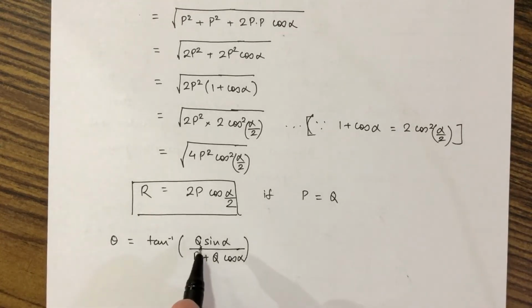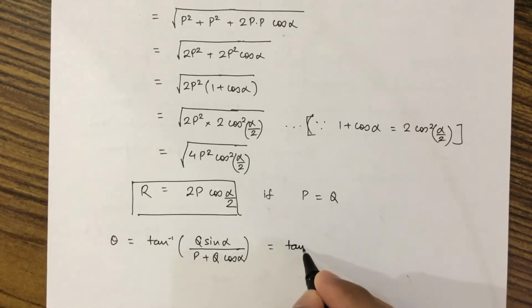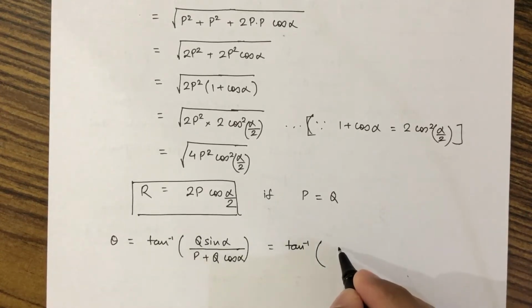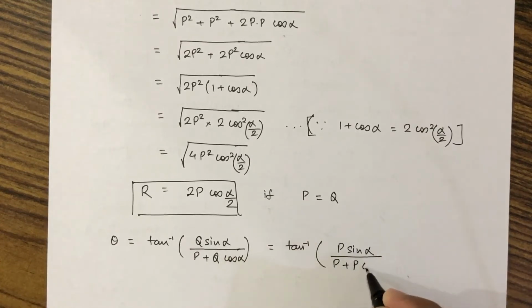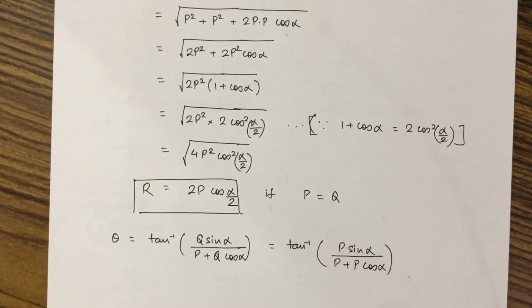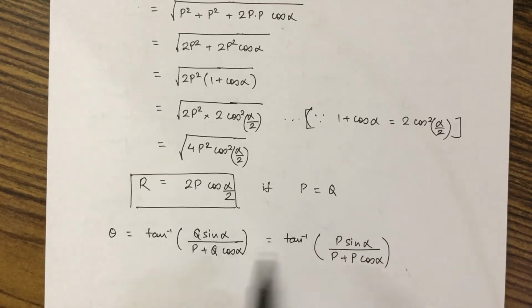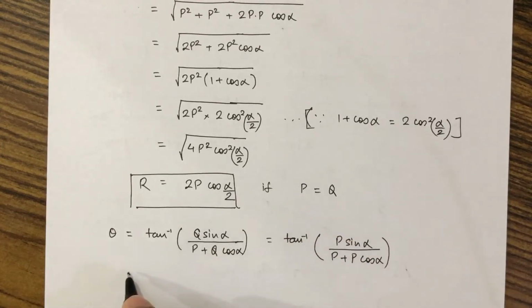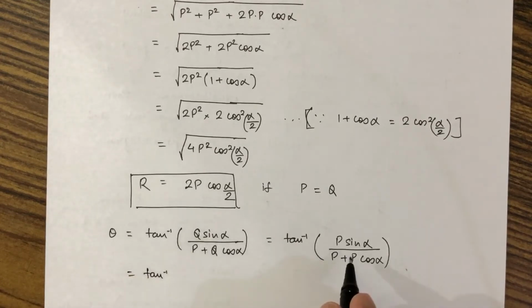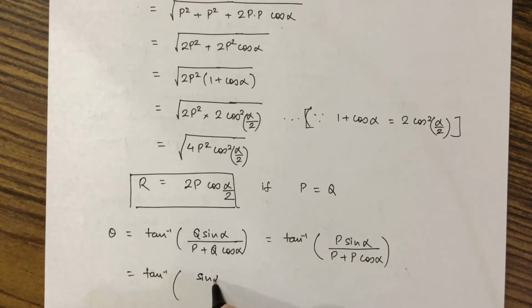So if P is equal to Q, we will substitute wherever Q is there by P, so tan inverse of P sin alpha upon P plus P cos alpha. Then if P is taken common, it will be tan inverse of sin alpha upon 1 plus cos alpha.